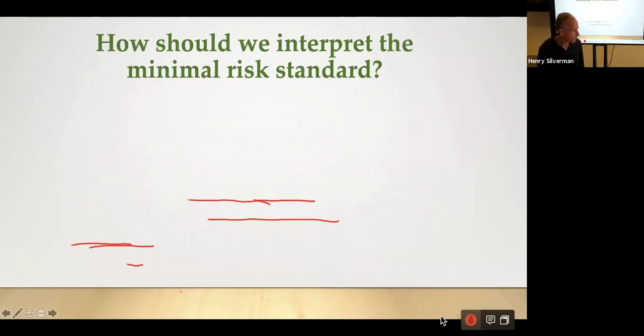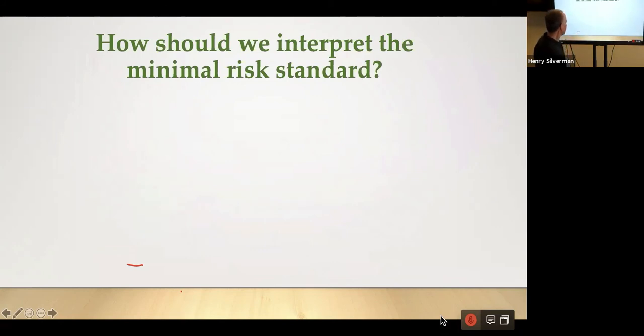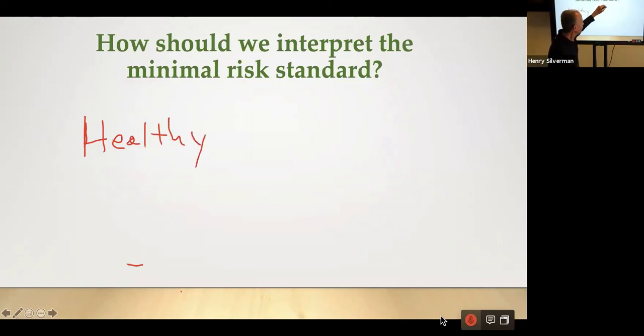The two contenders are: we have healthy people, or people who have the illness.